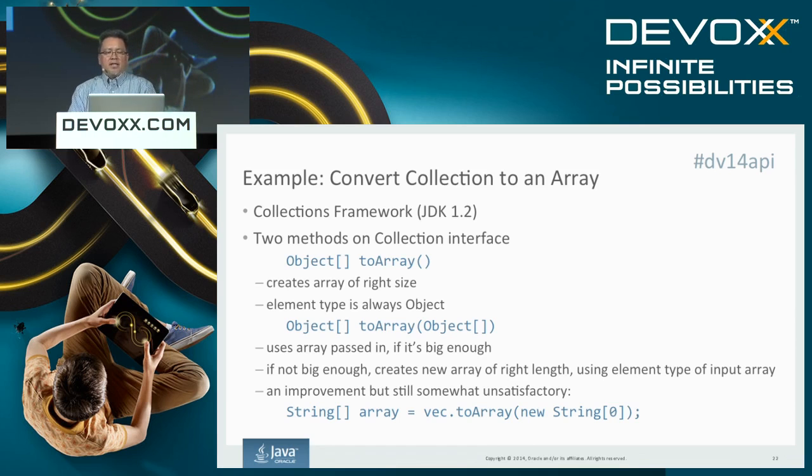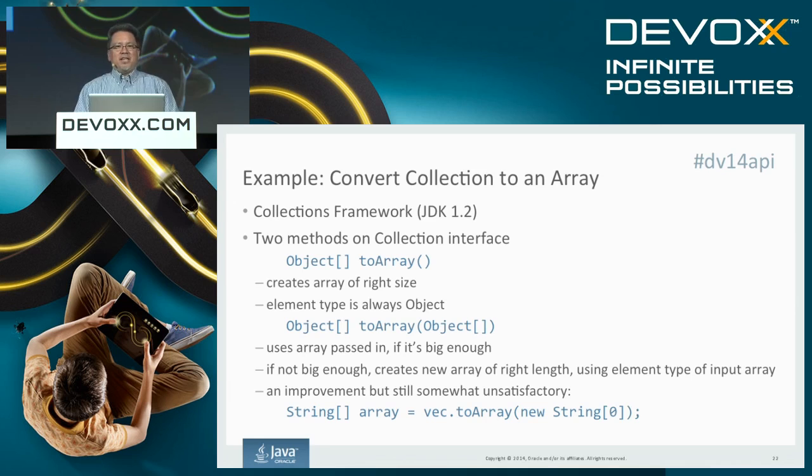The second one is a variation on the old copyInto, where the client can allocate the array and pass it in, and elements are copied into it if it's long enough. But if it's too short, then the library says, oh, it's too short, so instead of throwing an exception, I'll be nice and create an array of the right size before filling it in. And if the library does that, it creates the array using the same element type as the array that the client passed in.